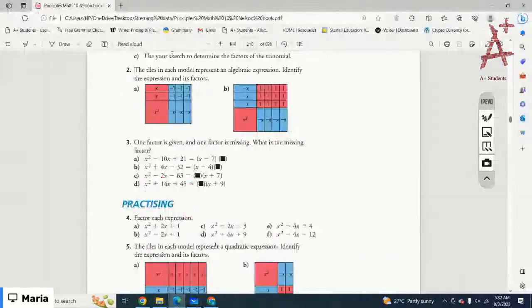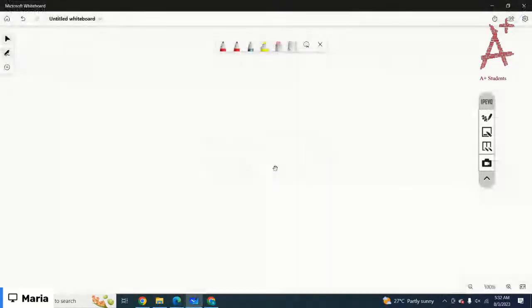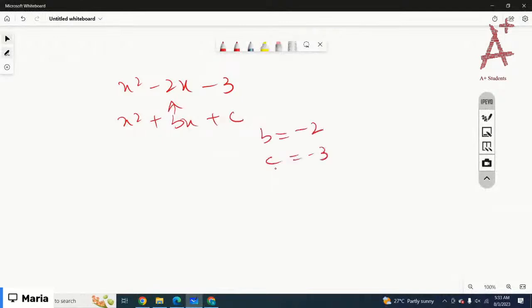The other one is x square minus 2x minus 3. Okay, just compare this equation with x square plus bx plus c. So b is negative 2 and c is negative 3.